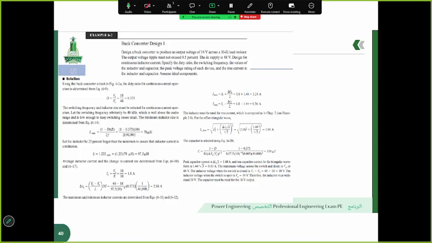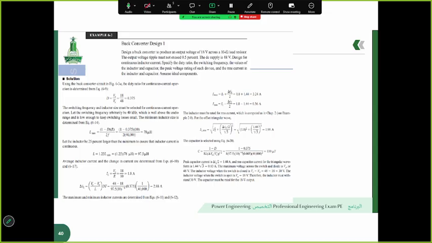Using the fundamental buck converter relationship, VO is equal to VSD, the duty cycle is obtained as D is equal to 37.5%. This defines the required switching ratio to achieve the desired output voltage. Next, the switching frequency and inductance are selected.